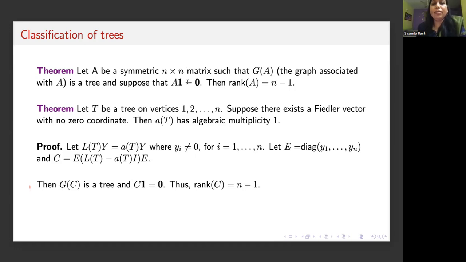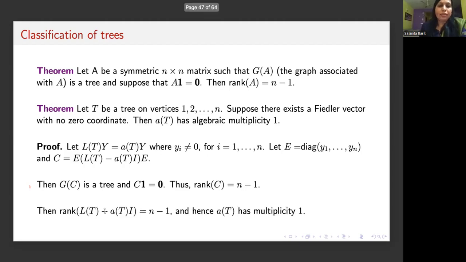So now using this theorem, you get that rank of C is n minus 1. If rank of C is n minus 1, I can also conclude that rank of L_T minus a_T I is n minus 1, because C is nothing but this matrix multiplied by the diagonal matrix on both sides. So rank of C is the same as rank of this, which is again n minus 1.